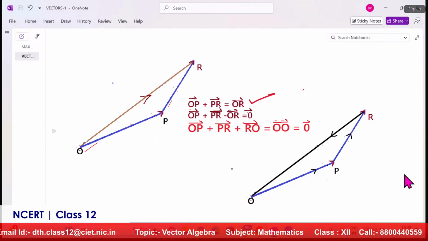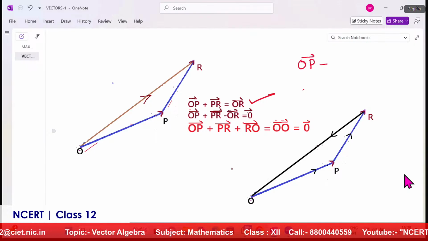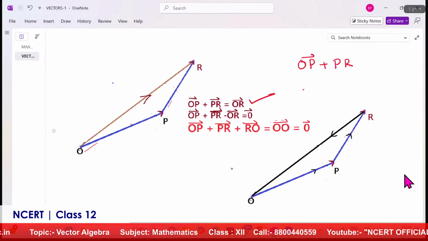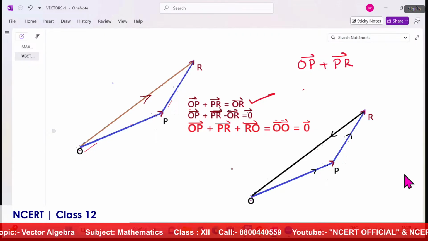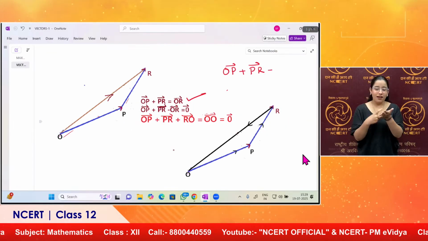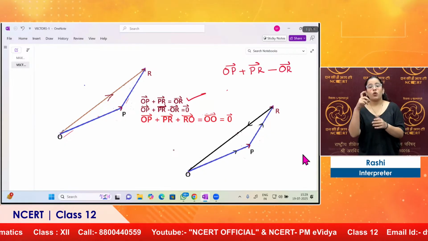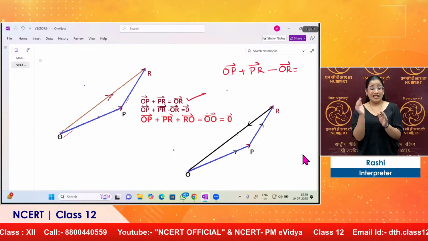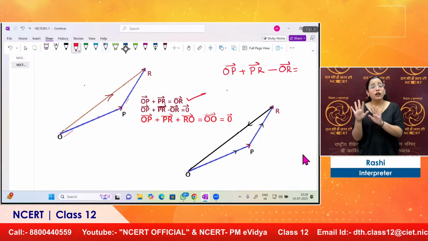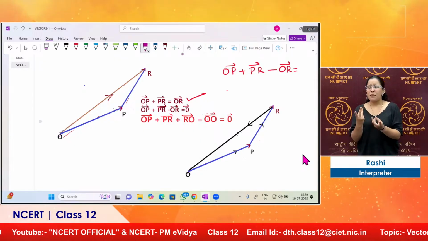Now let us concentrate on this expression: OP plus PR is equal to OR. I'll bring the OR quantity to the left hand side. When you bring it to the left hand side, it comes as minus OR. Now what is left on the right side? The quantity left on the right side is nothing, that is 0.